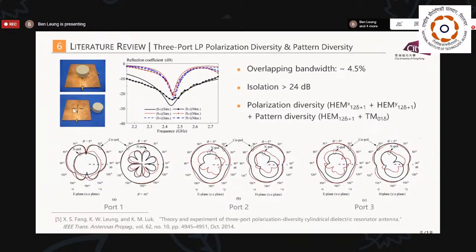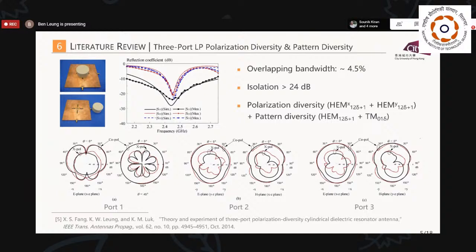So the first and second ports have polarization diversity with broadside radiation pattern. The third one introduced the pattern diversity to the first two because it has a different radiation pattern.